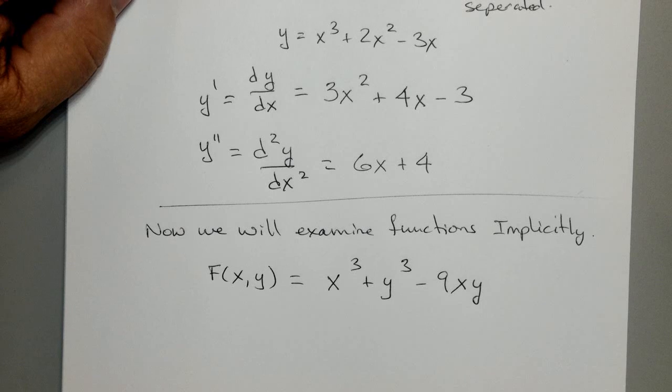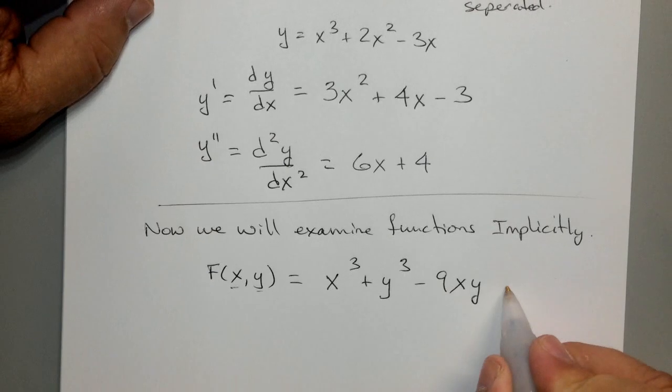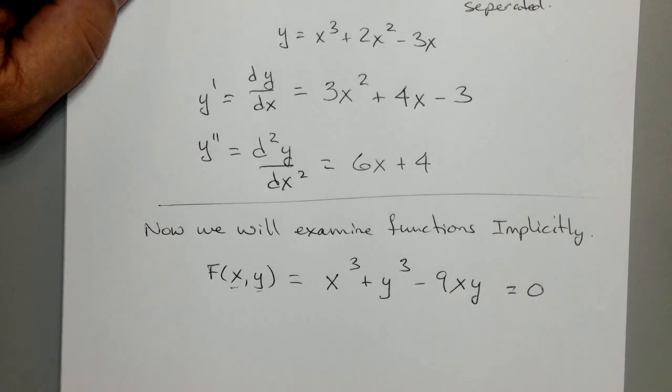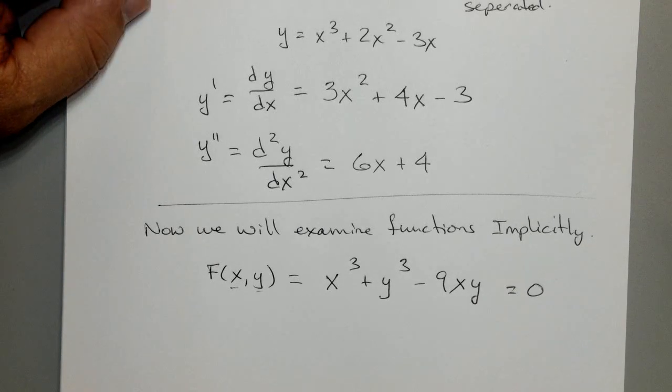Here's an example. This is an implicit differentiation, which means we have x and y in the same equation. And if we set it equal to 0, that means we're looking for a specific point. We're looking for the vertices, the highest or lowest points.